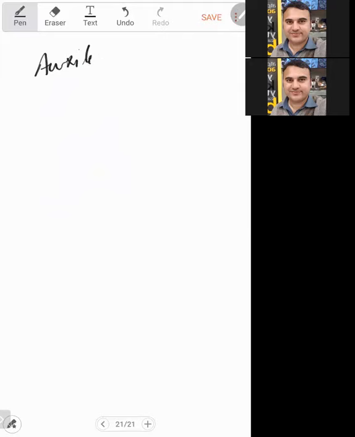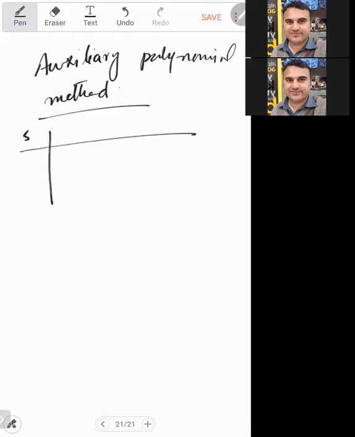auxiliary polynomial method. Let's say that we have a polynomial of order k. We have this table. So we have s^k, and then we have s^(k-1). So this is a_k, this is a_(k-2), and then we have a_(k-4).